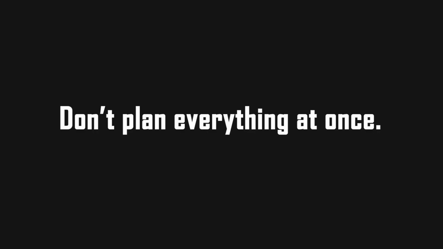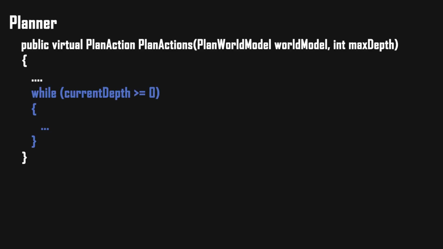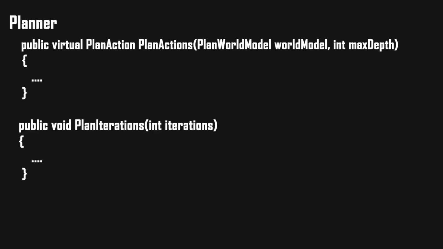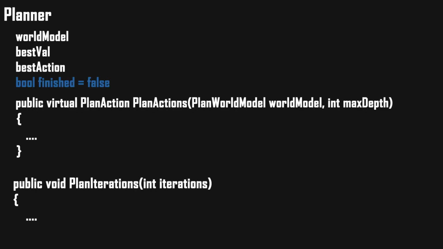This is what I would do. I would split up the planning into multiple chunks, meaning I would remove the while loop part and create a method in the planner that lets the character plan for an arbitrary amount of iterations and save the partial results as attributes in the planner. Then I would create a boolean attribute that will be set to true when the planning is finished. What that allows me to do is spread out the planning over multiple frames to not get lags.